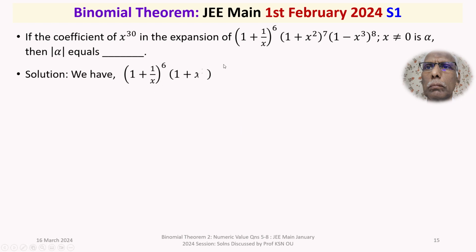Right, we take what is given here. So take the LCM: (1 + x^6)/x^6, multiplied by (1 + x^2)^7, into (1 - x^3)^8. Agreed.